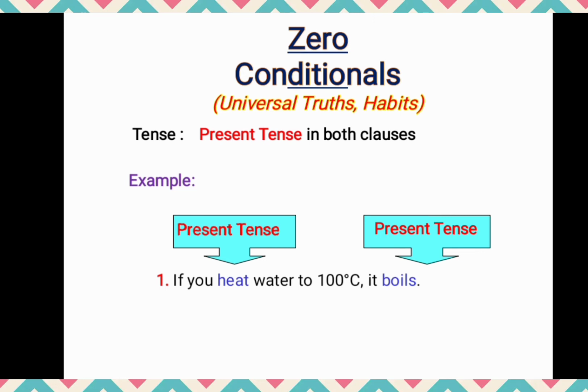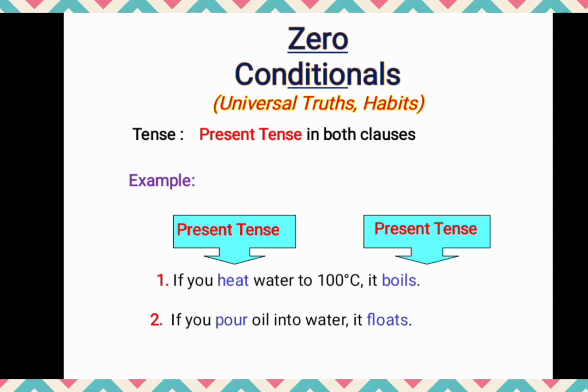This is a universal truth: if you heat water to 100 degrees C, it boils. Okay, the second example is, if you pour oil into water, it floats. It's also a universal truth, and the first clause is in present tense and the second clause is also in present tense.